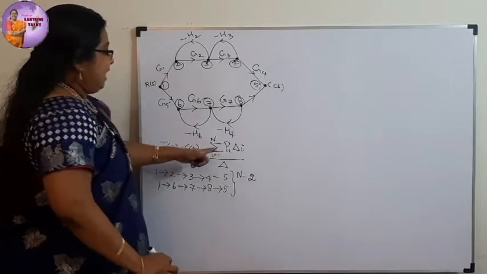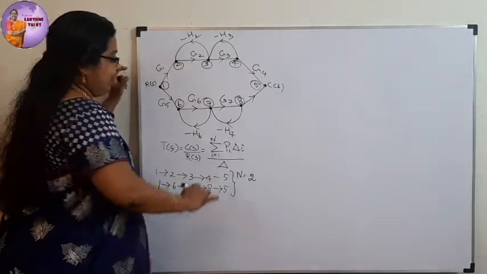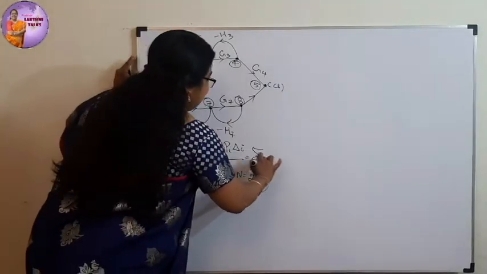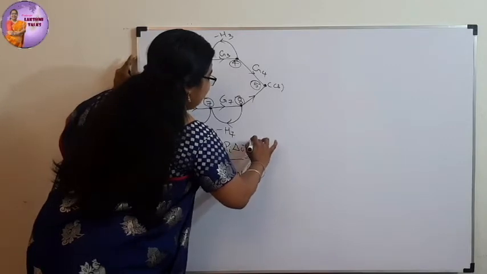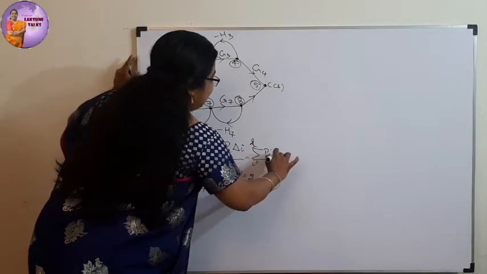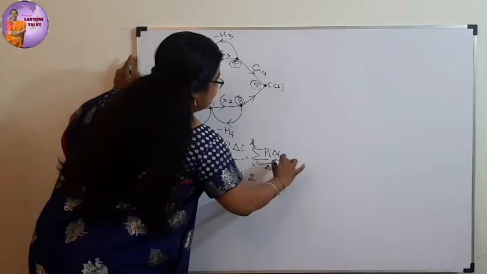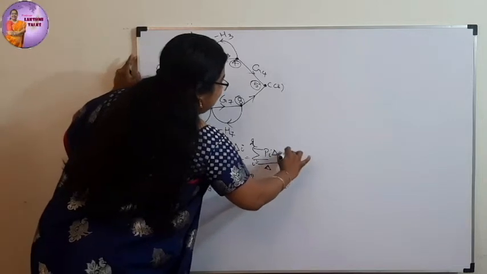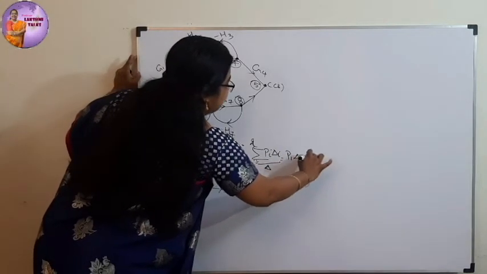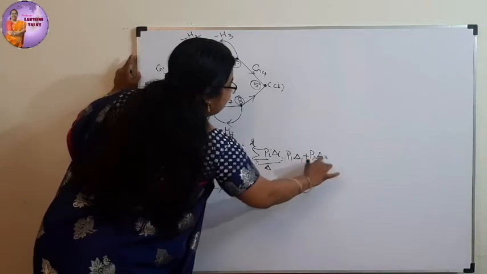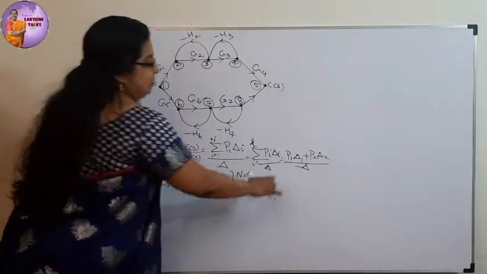So the sum from i equals 1 to 2 of Pi delta i divided by delta is nothing but P1 delta 1 plus P2 delta 2 divided by delta.